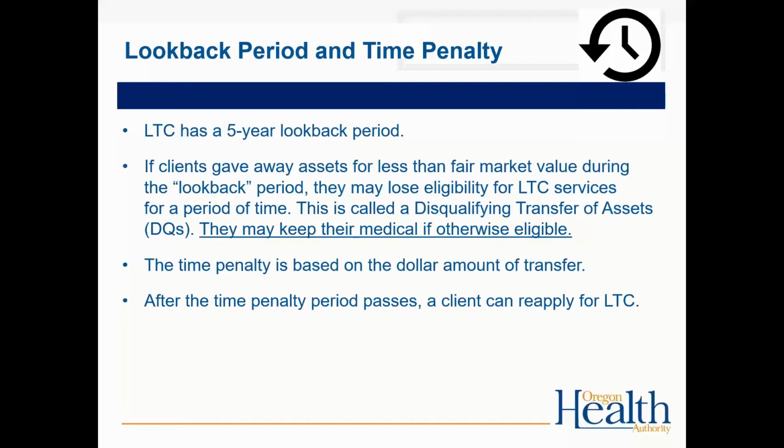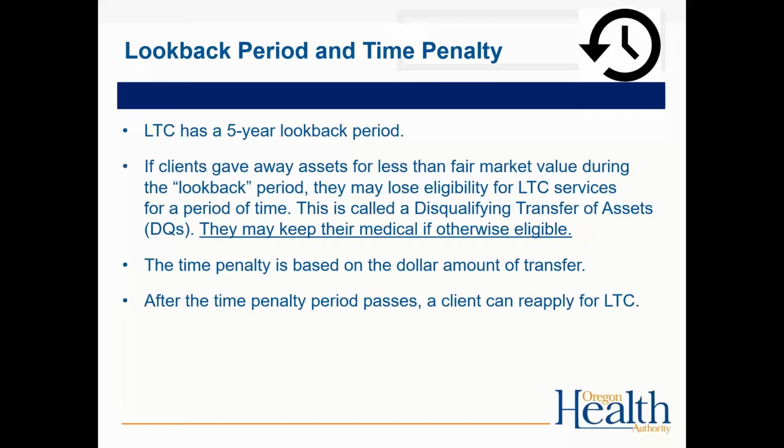Sounds good. Okay, so look back period. Some of you have heard of it, some may not have. The look back period is where, for an individual applying for long-term care, we look at their resources over the past 5 years, and we do that by running AVS, the Asset Verification System.